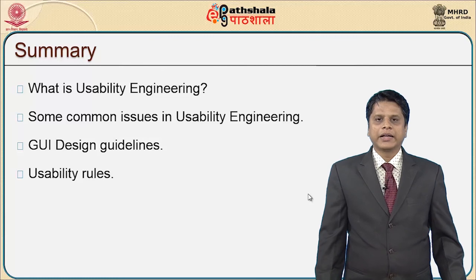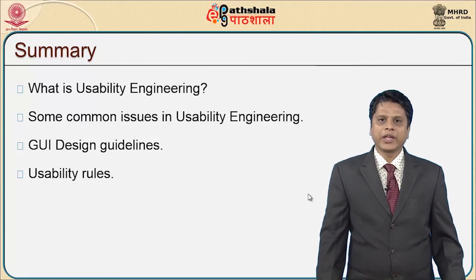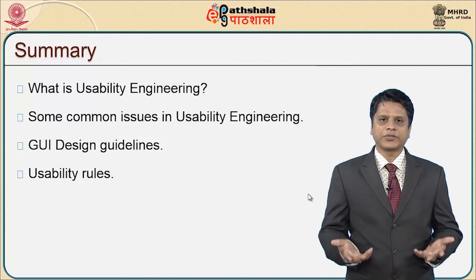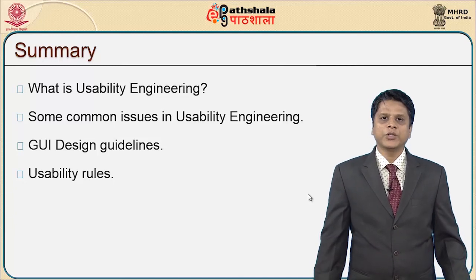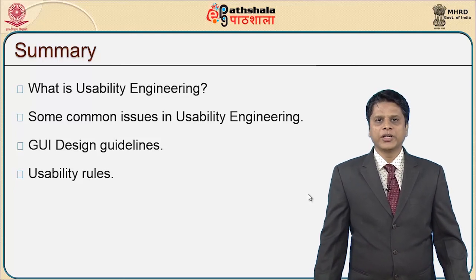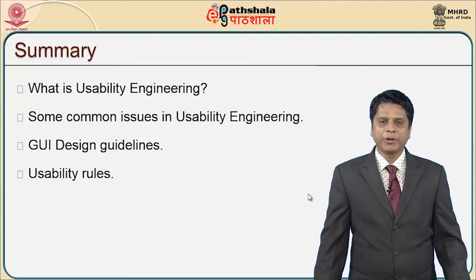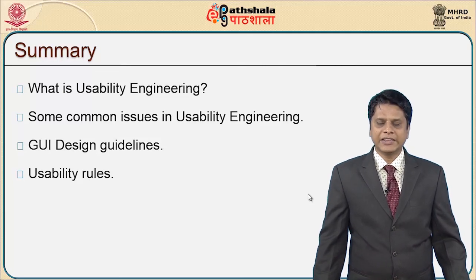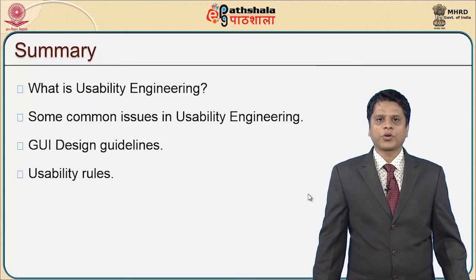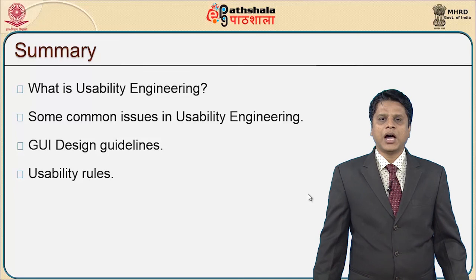In short, in this session we have started looking at how to bring about the aesthetics of the system by considering the usability of the system. Whenever we talk about the usability of the system, please keep in mind we are bringing out a system which is easy for all different types of users, for all different communities of users, and how effective and how easy the system is going to be.